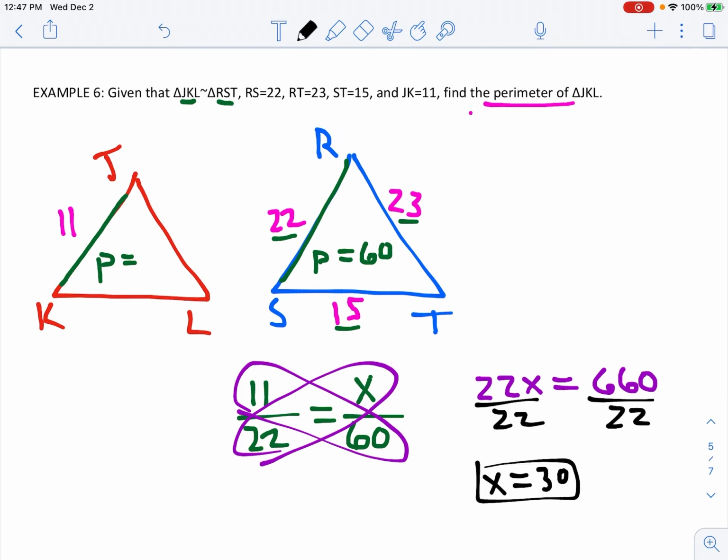So the perimeter of our first triangle should have been 30. All right, so again, it's a side over a side, perimeter over a perimeter. Make sure you match it up and stay with your pattern. We went left to right again.